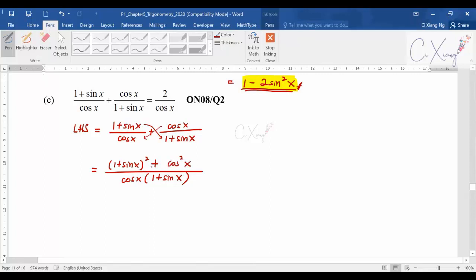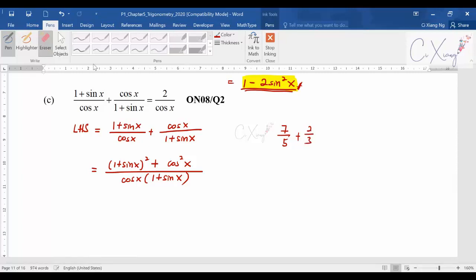If last time in secondary school you always pressed the calculator without learning the techniques, you might find it hard to do all this. How do you combine two fractions together? Just recall how you did 7/5 plus 2/3, how you combined them. The method is actually the same.